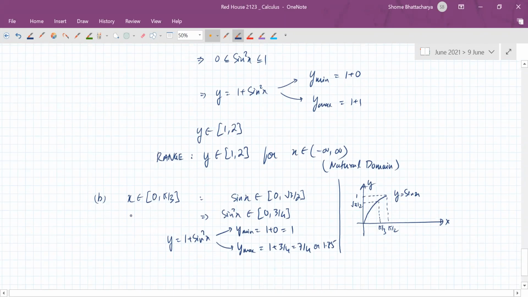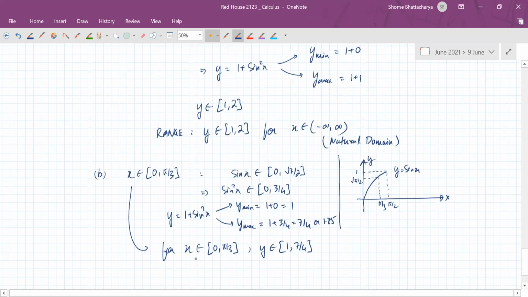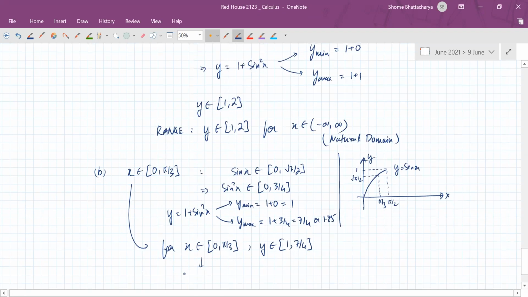So for this domain, y's range becomes 1 to 7 by 4. So for this restricted domain, this becomes a restricted range.